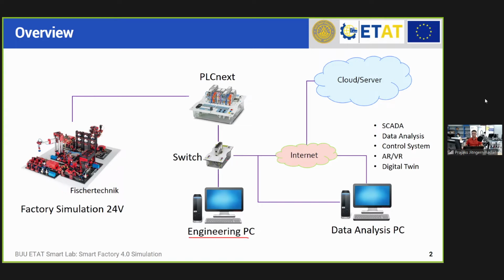We can collect data for data analysis on another PC that connects over this switch, and with this switch we can connect to the internet and store our data on the cloud server.